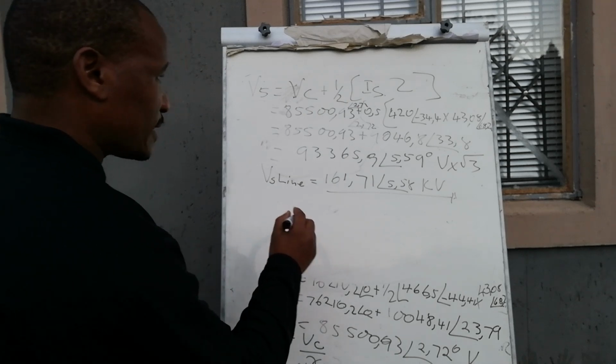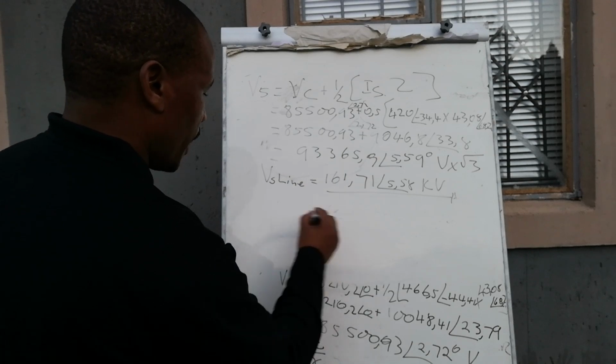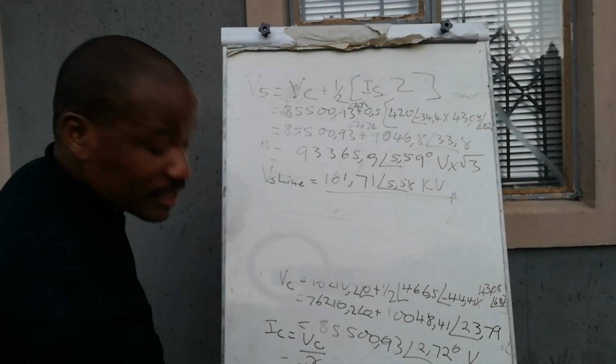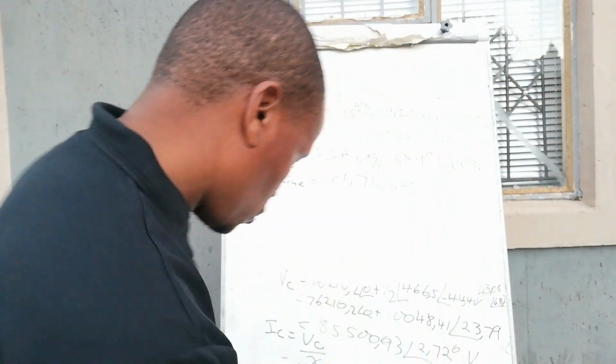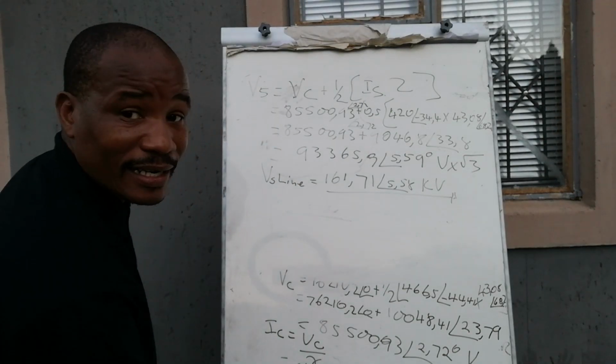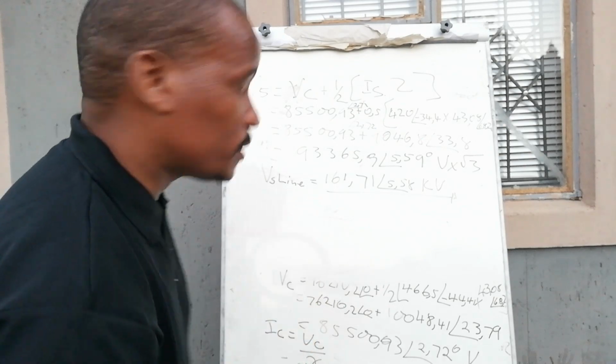Look, the sending end, we are yet to, it can't be this. There's a reason why it can't be that. Remember, a power factor is the cosine of the angle between the voltage and current. So this is the only current. You are yet to do the voltage.